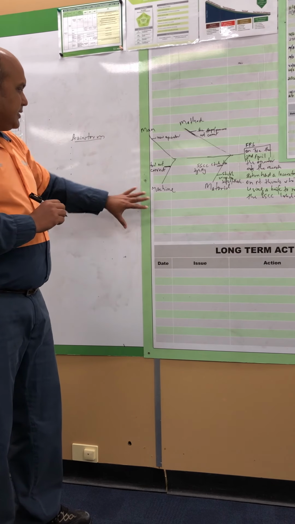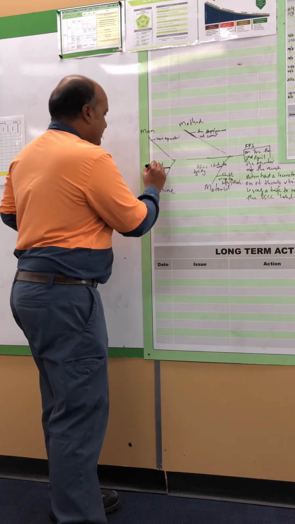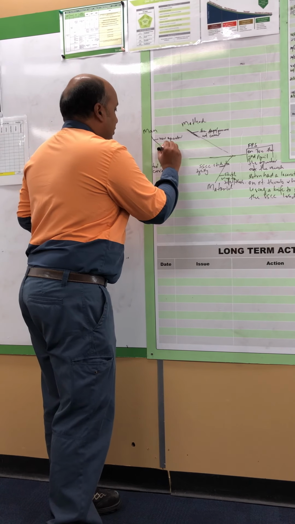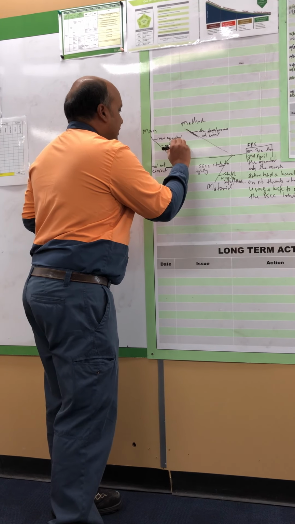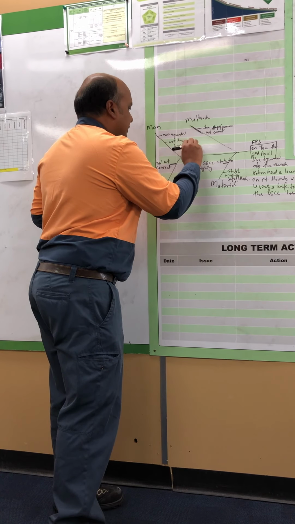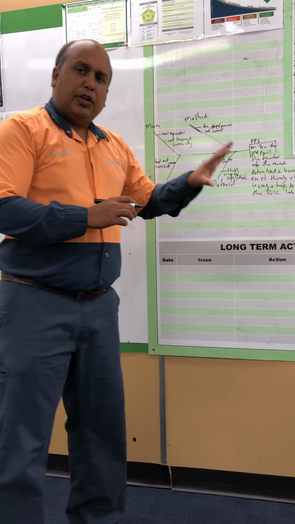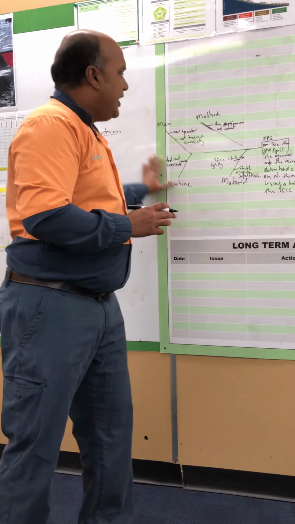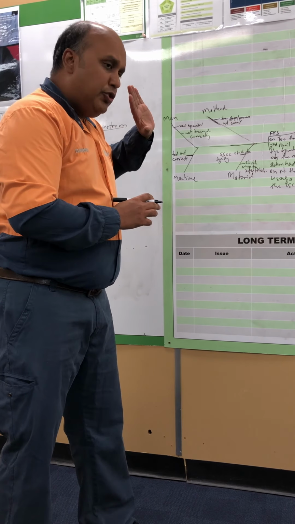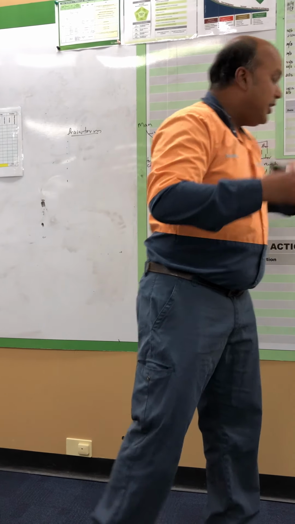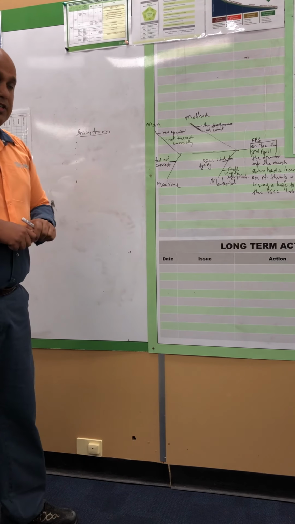And anything else that we can look at over here? New operator not trained correctly. Yep. Okay. Now, when you're doing this with a bigger group, there might be lots of other things that would come in here. As I said, put everything that comes to people's minds over there, don't discount it.